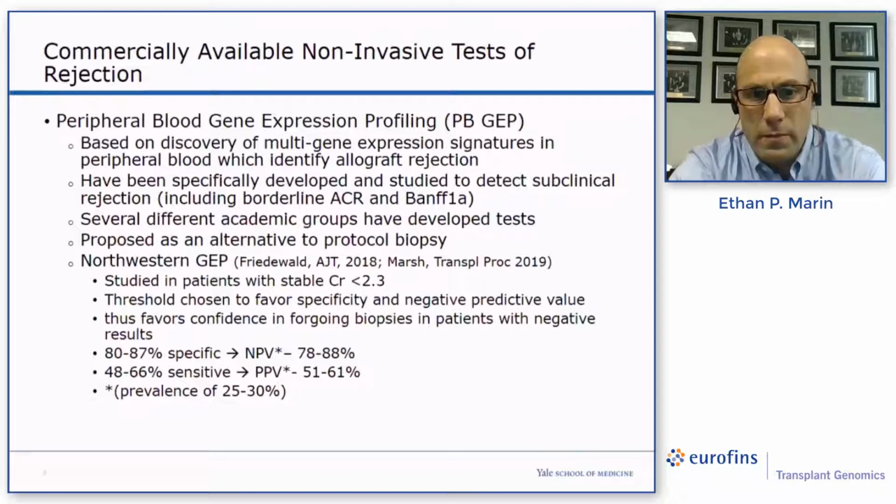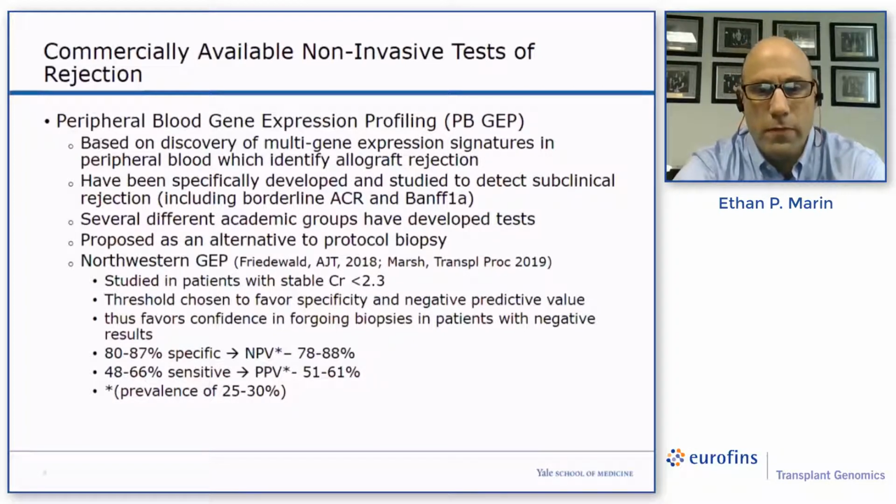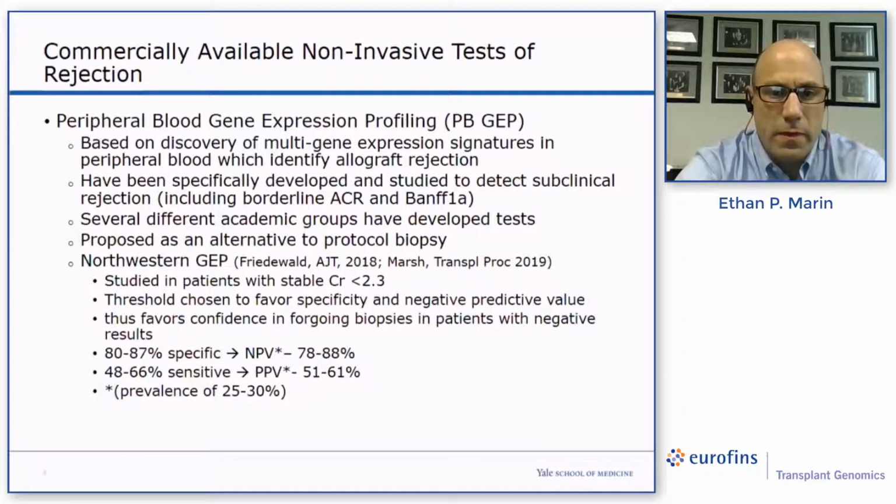This test was specifically developed to detect subclinical rejection and was tested and developed specifically in patients with stable graft function, meaning a creatinine below 2.3 and less than a 20% change in creatinine in the time before the test was done. And the principle of this test was to pick up subclinical rejection so as to forego the need for routine protocol biopsies.